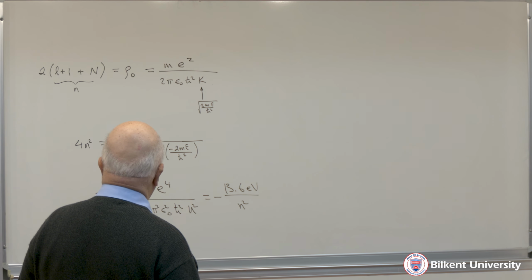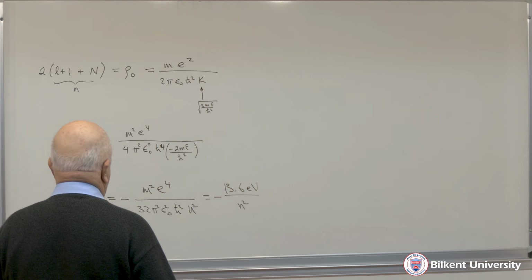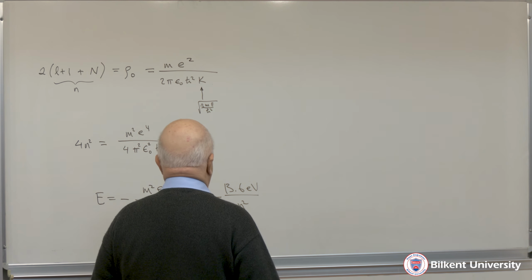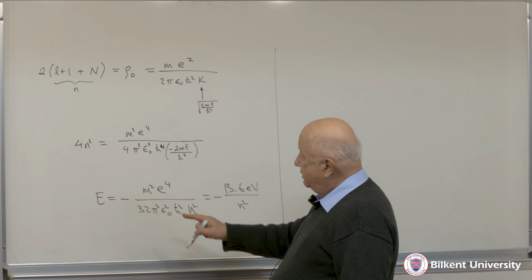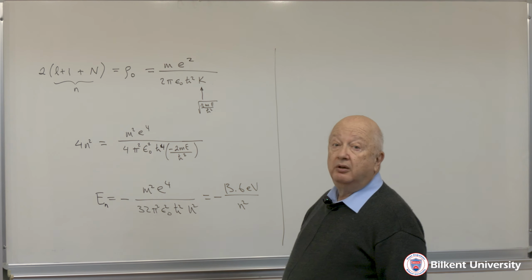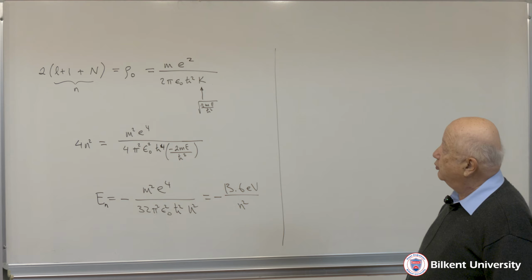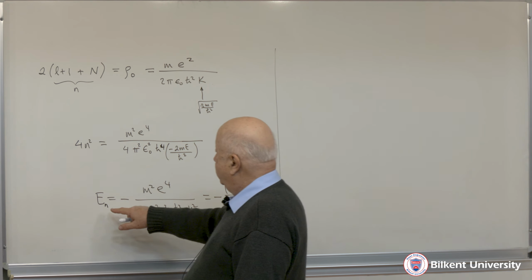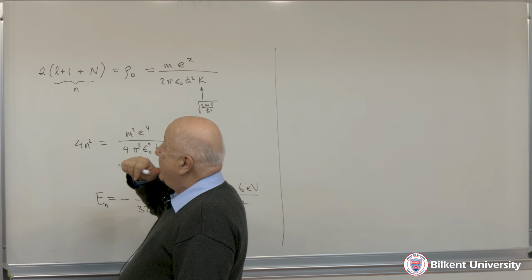All right, so that means I have a structure for the wave functions which looks like that. The energy depends only on this number n, which we call the energy quantum number, and the value of n limits what L and N can be.